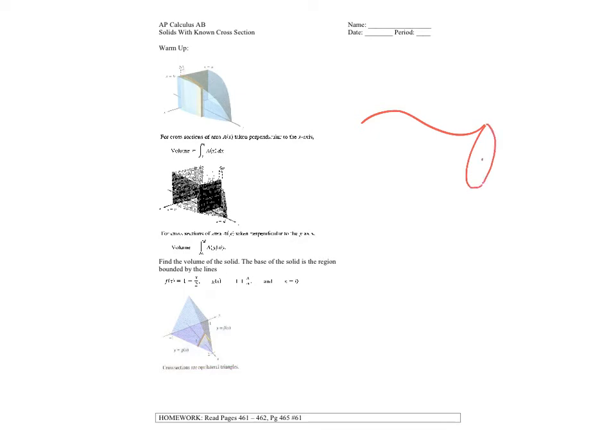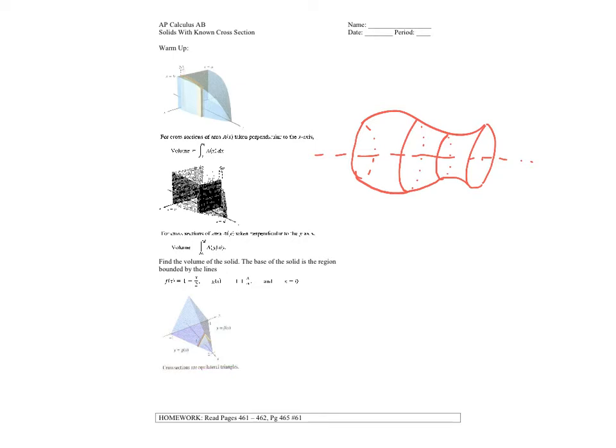Here's our x-axis going through. Okay, and we have this kind of vase-looking thing, and it goes like this. Ooh, that actually turned out, no, maybe not. I spoke too soon. That turned out halfway decent. All right, so you have this thing like this, and all of these cross sections are circular.